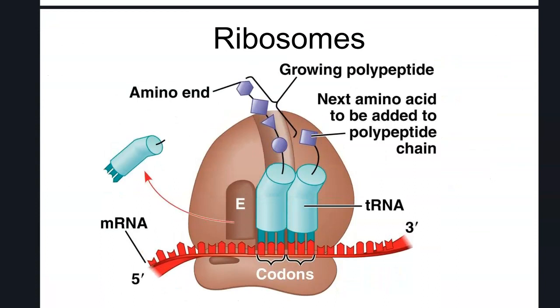So, the new amino acid with the triplet code right here comes in always to the A site. The bond breaks from here and attaches to the growing amino acid, and now you have a growing polypeptide.